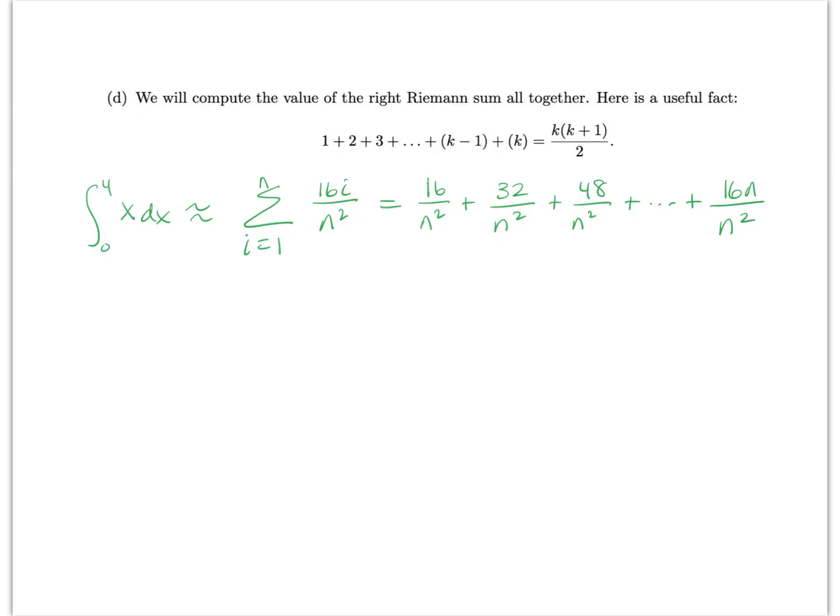I have a bunch of terms here. I can factor out 16 over n squared. And what's left here is 1 plus 2 plus 3 up to n.